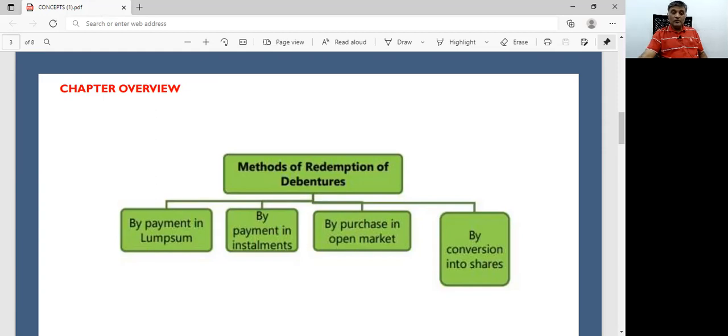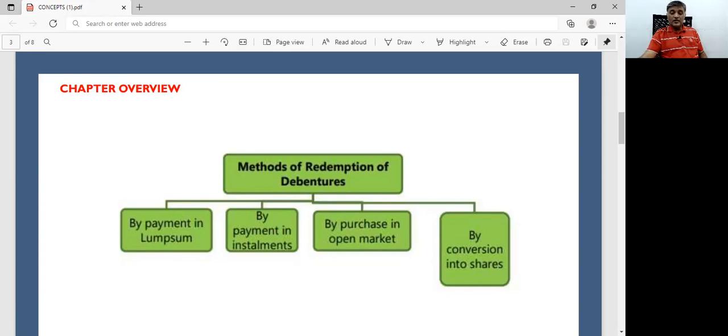But there is a possibility of you redeeming at a discount when you actually purchase your own debentures in the open market, because they are trading cheap. So let's take 100 as the face value, but if it is getting traded at 97, you pay 97 in the market, you purchase your own debentures, and then you cancel the liability. So there is a profit on cancellation as well.